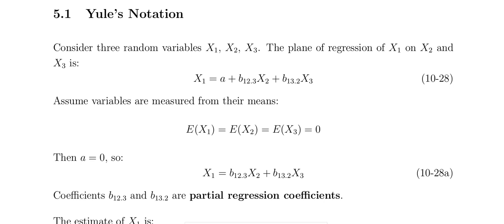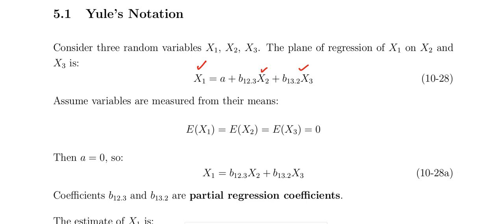Like we already wrote the regression equation x on y, it is the same. Here we make one variable depend on the other two variables and construct the equation. So x1 equal to a plus b123 x2 plus b132 x3. That is called the regression of x1 on x2 and x3.